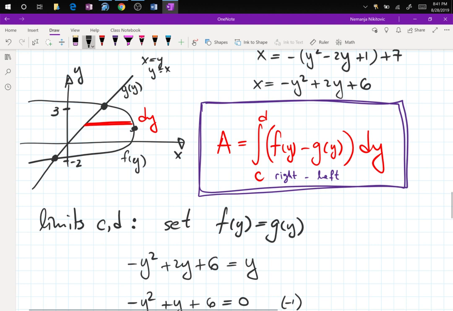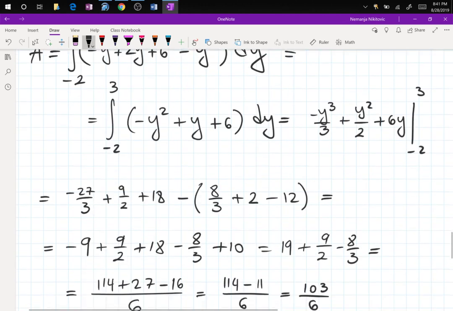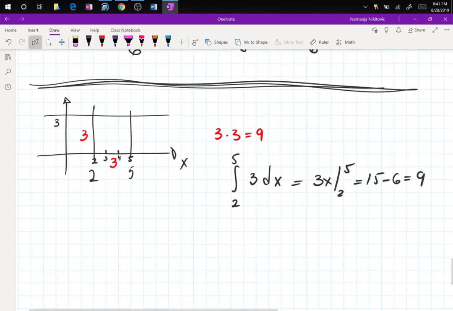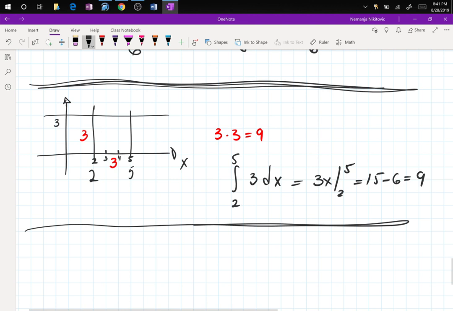Because the homework is just going to dump a whole bunch of problems and just say find the area. And no one tells you use dx or dy. This is where the representative rectangle, dx or dy, plays a role. And this is probably the most important technique that you need to learn to set things up in Calc 2, but even more important in Calc 3 when you go into 3 dimensions.